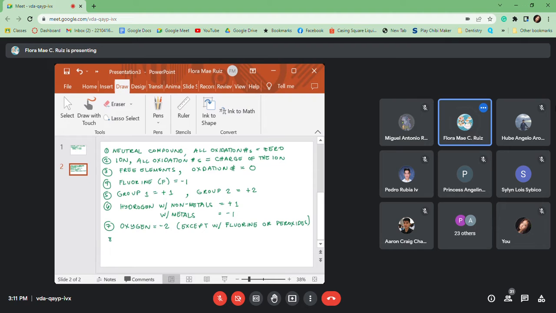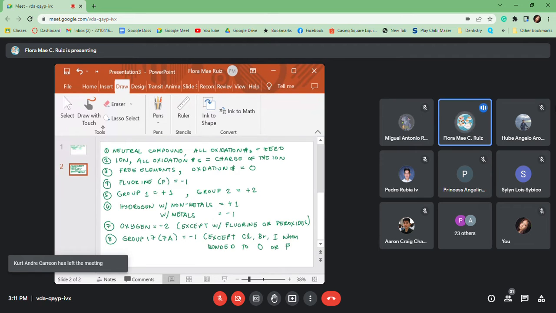And last, all elements under group 17, or 7A in your periodic table, will have an oxidation number of negative 1, except atoms such as Cl, Br, and I, when they are bonded to oxygen or fluorine.